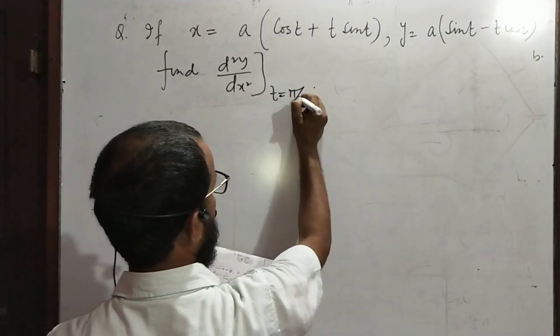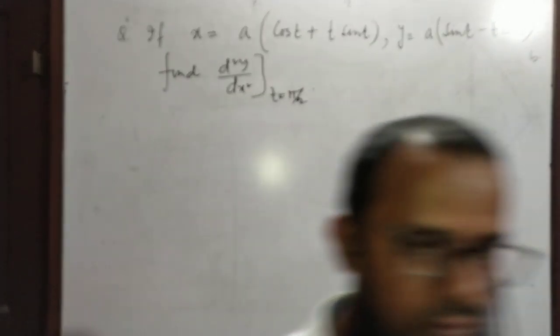You have to find the value of d2y upon dx2 when t equal to pi/2.